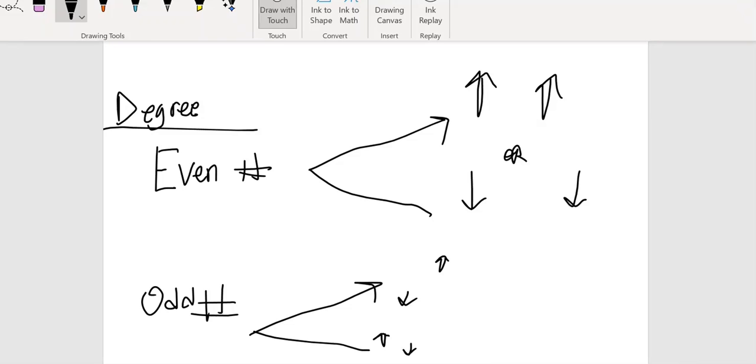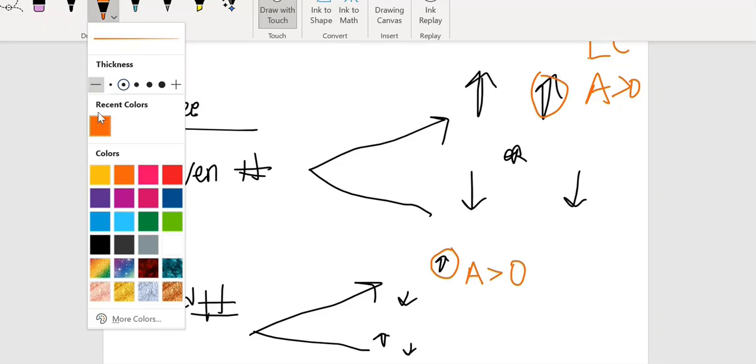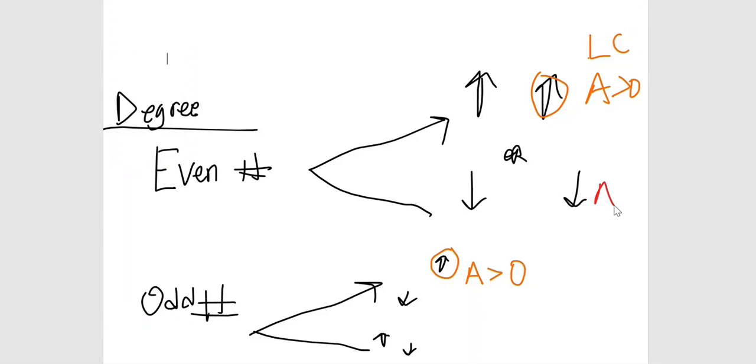Now, to determine the next part, you look at the leading coefficient. The right side will point up if A is greater than 0. But if the A value is less than 0, the right side is down.